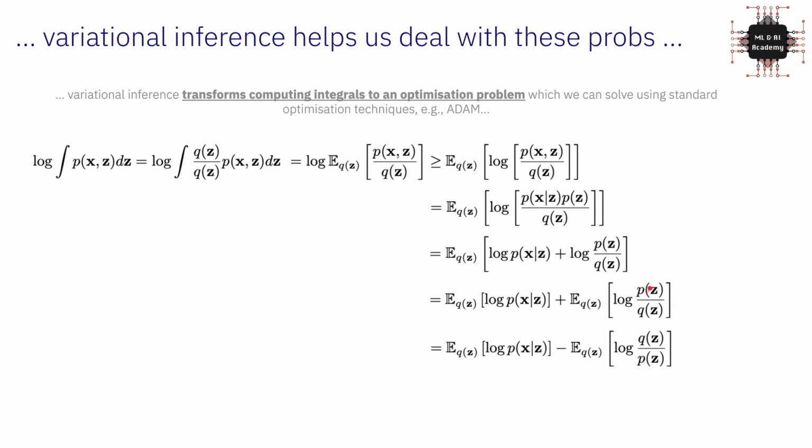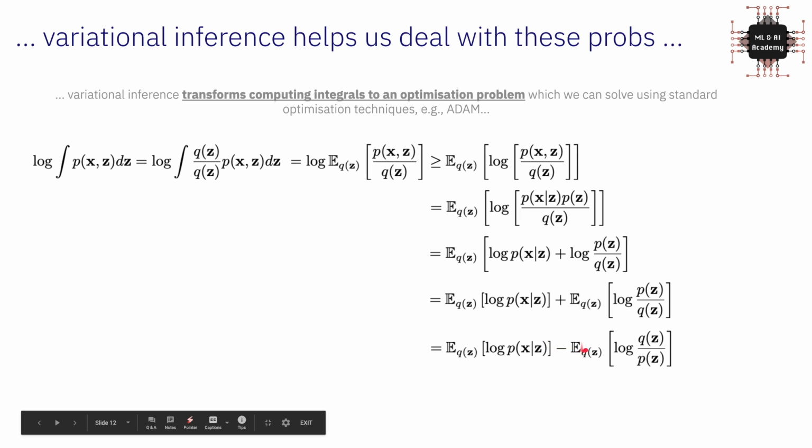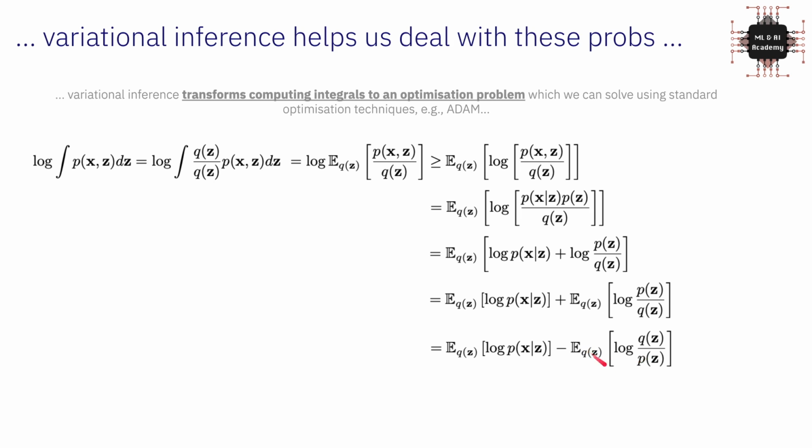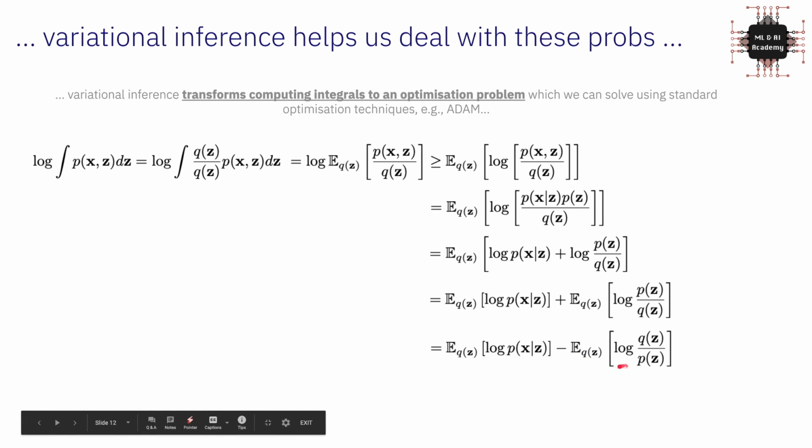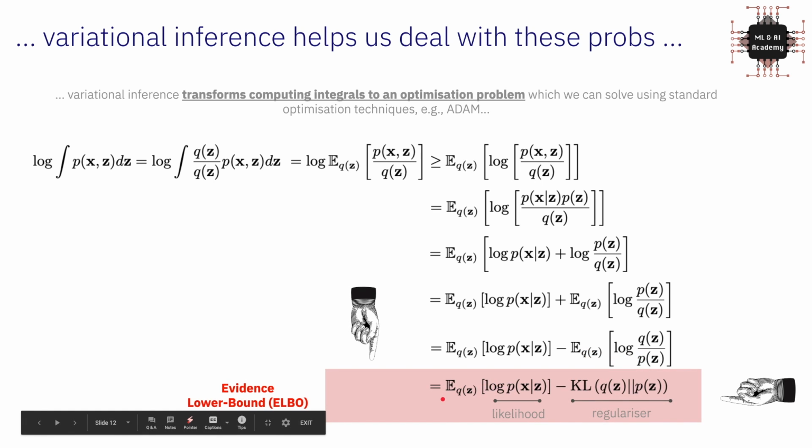So I can write this to be Q of Z over P of Z to the power minus 1. And log of something to the power minus 1 is nothing but minus log of that something. And that's why you see the minus sign here. So you will have minus E over Q of log of Q over P. And that is nothing but the definition of a Kullback-Leibler divergence, or KL divergence, which will give me this equation.